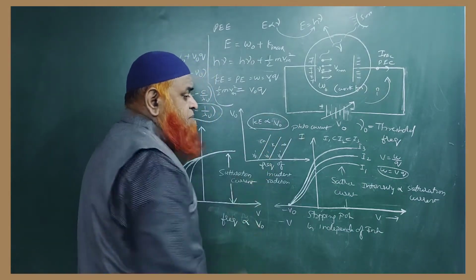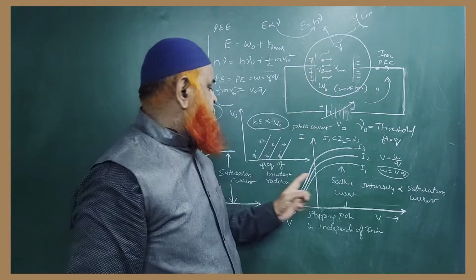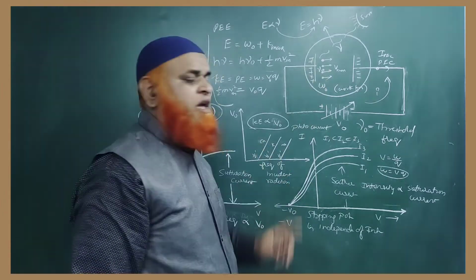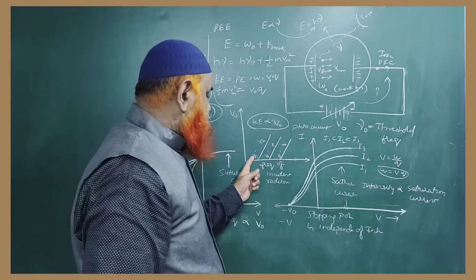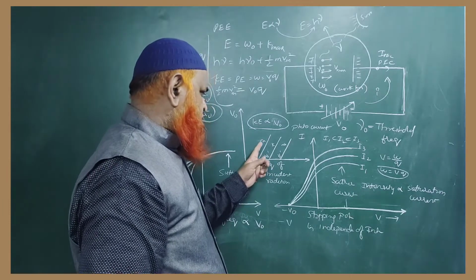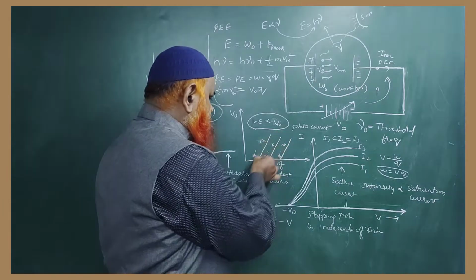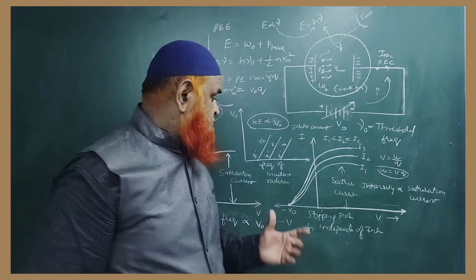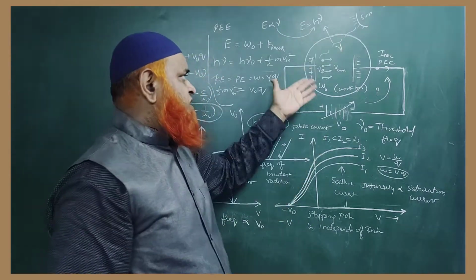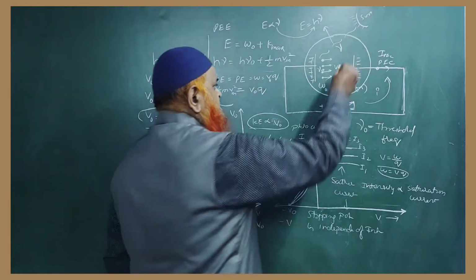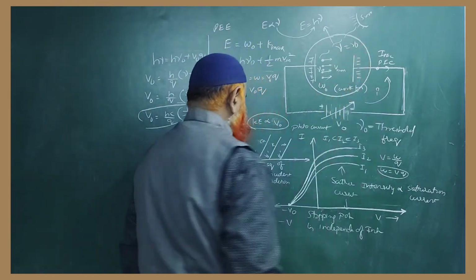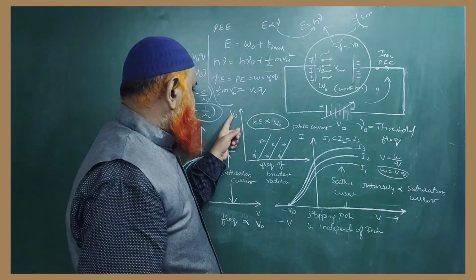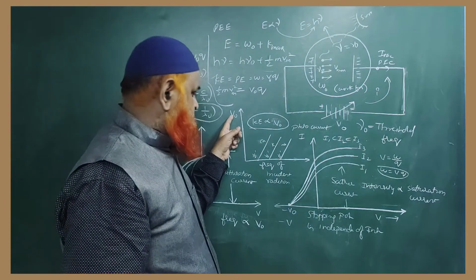And when you take different metal plates here like calcium, potassium, sodium, their threshold frequencies are different. For calcium, threshold frequency is less. So this x-axis shows the frequency of incident radiations, and that is equal to nu naught. This is stopping potential V naught.